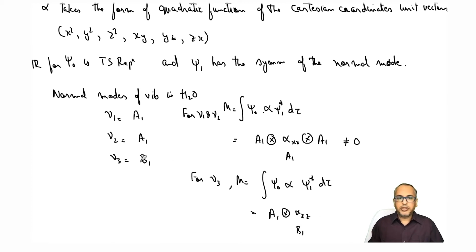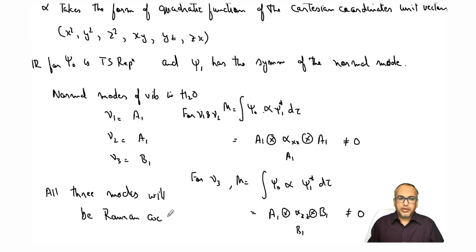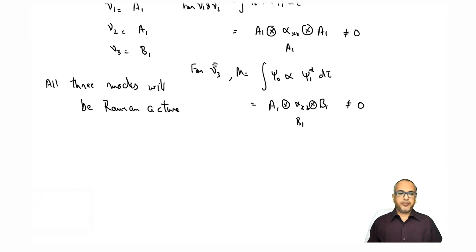Psi 1 star has the symmetry of the normal mode, which is B1. So again, this will not go to 0. That means all the three modes will be Raman active. So all three modes will be active in Raman as well as in IR spectrum, right?